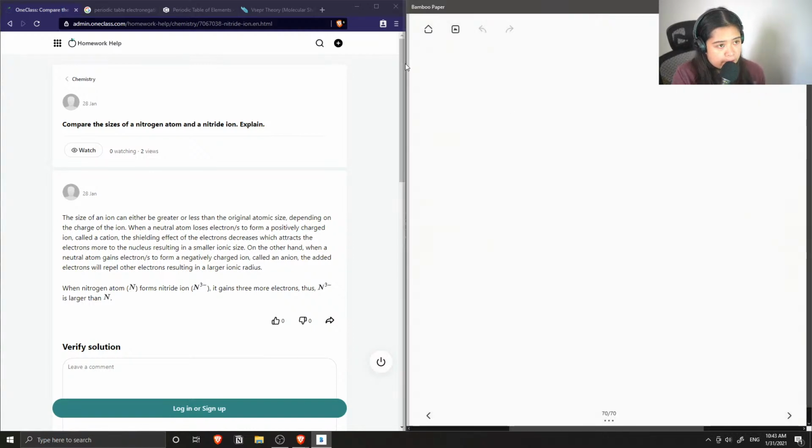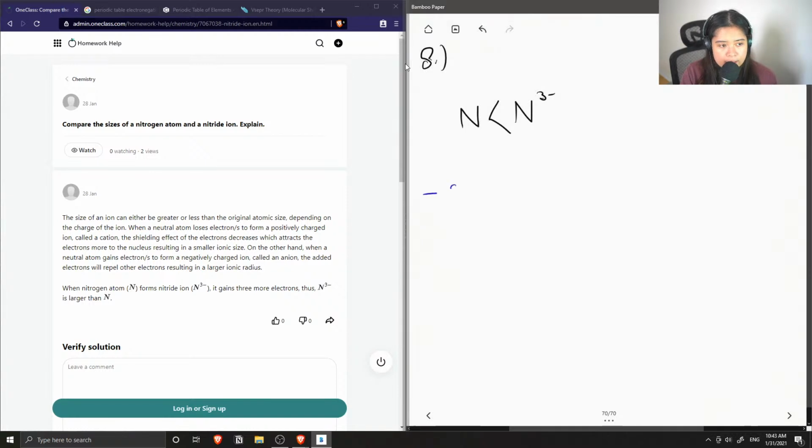Okay, so question number 8. Compare the sizes of a nitrogen atom and a nitride ion, and explain. So a nitrogen atom is actually less than a nitride ion, which is N3 minus.